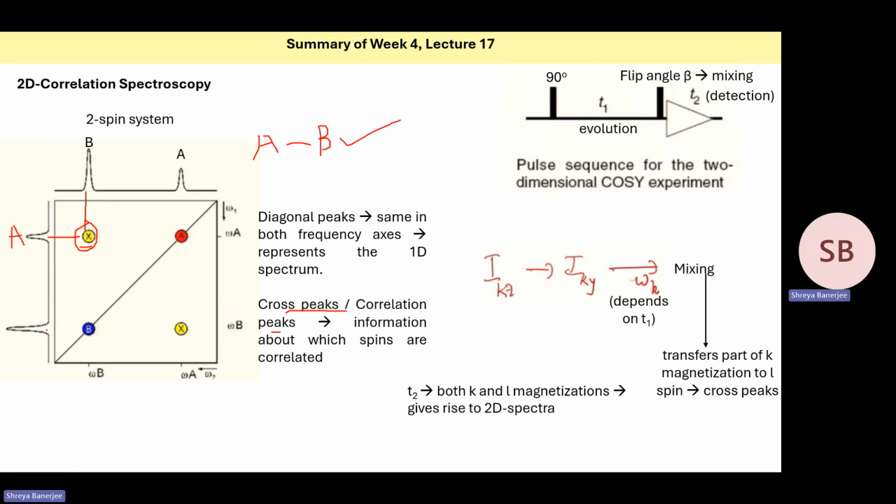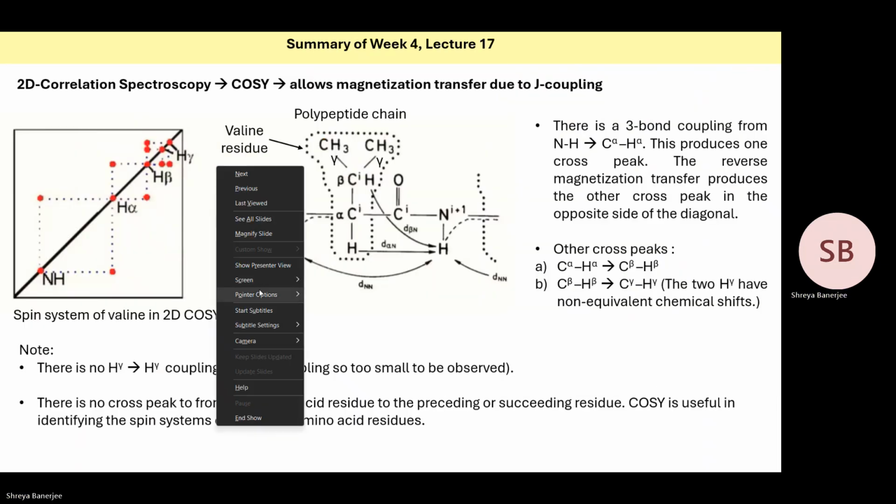Again, you can see the other cross peak is between B and A. So this cross peak is A to B. The other cross peak is B to A. It is depicting transfer of magnetization from one spin to another spin. And in this case, it is telling you which spins are directly correlated with each other.